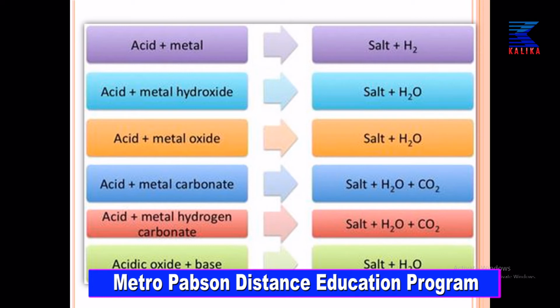Let us take some examples. Acid, we are very familiar with HCl, hydrochloric acid, plus sodium hydroxide, that is base. Look at the board please. Hydrochloric acid is the acid, sodium hydroxide is the base, and it gives sodium chloride plus water.